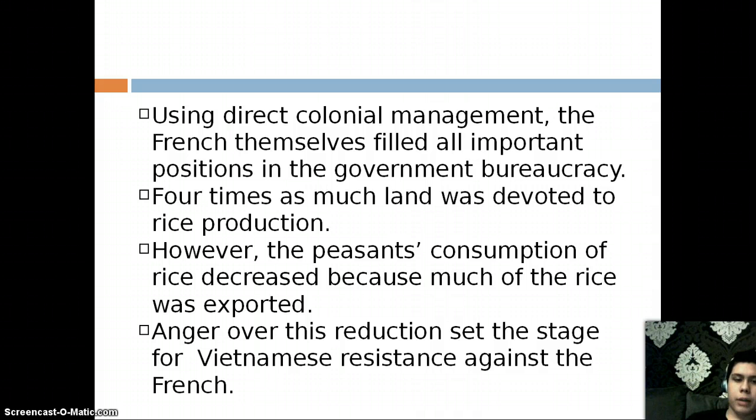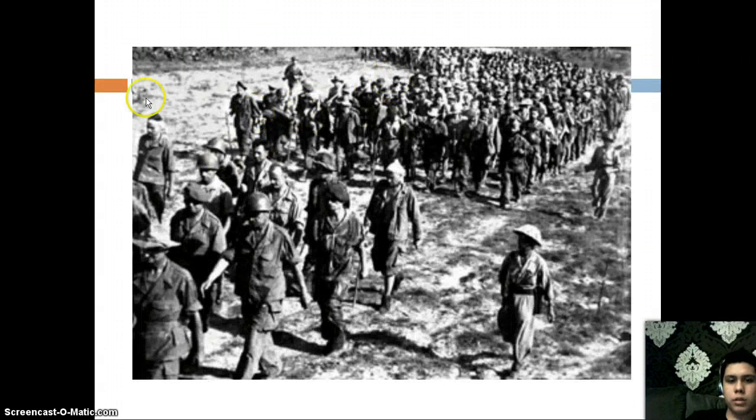Getting angry over this reduction set the stage for Vietnamese resistance against the French. They resisted the French. And this is the picture.